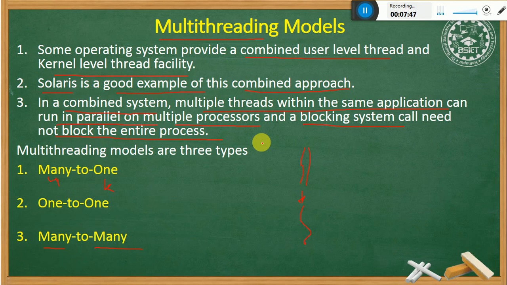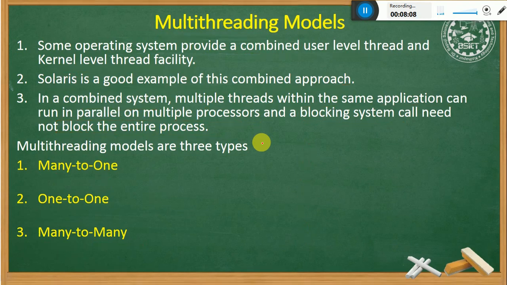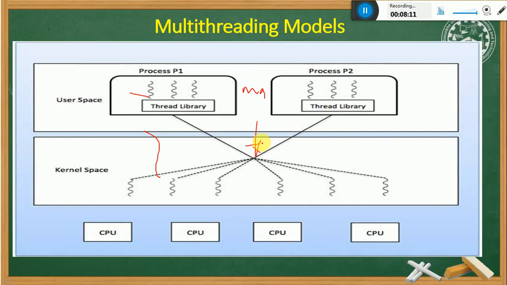That is a very important point. Multiple user threads have a single kernel thread, a single user thread has a single kernel thread, or many user threads have many kernel threads. The approach not available in the models is one user thread having many kernel threads. This is the basic theme of multi-threading models.